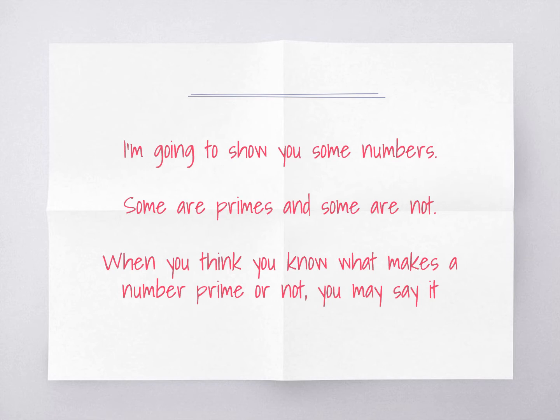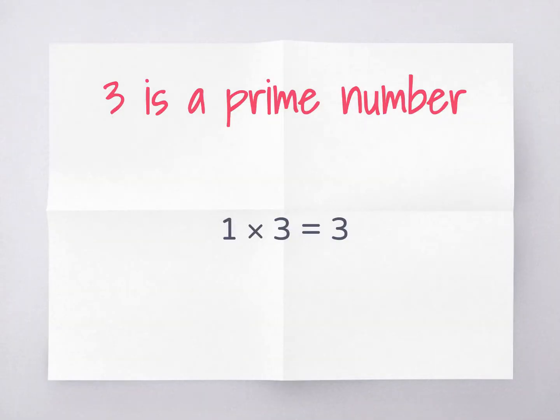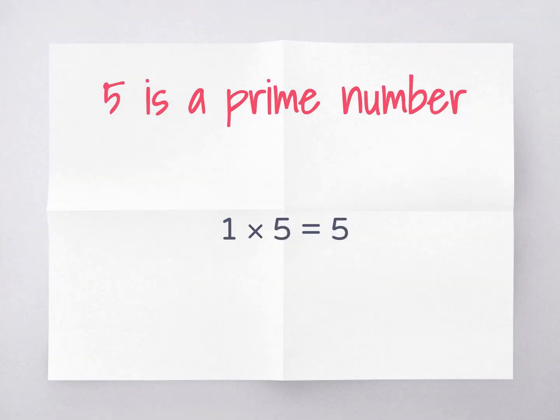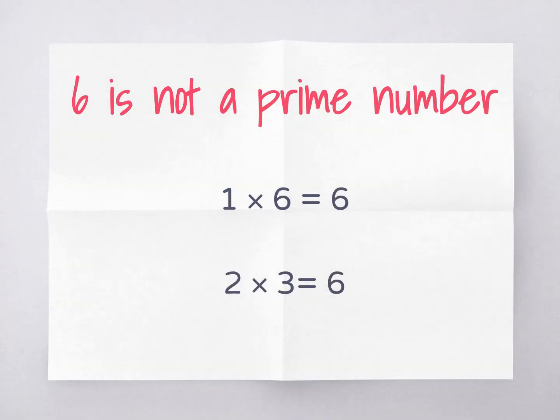When you think you know what makes a number prime or not, you may say it. 3 is a prime number. 1 times 3 equals 3. 4 is not a prime number. 1 times 4 equals 4. 2 times 2 equals 4. 5 is a prime number. 1 times 5 equals 5. 6 is not a prime number. 1 times 6 equals 6. 2 times 3 equals 6.